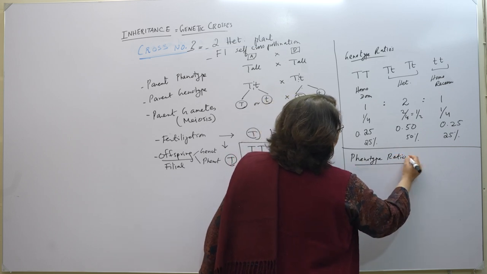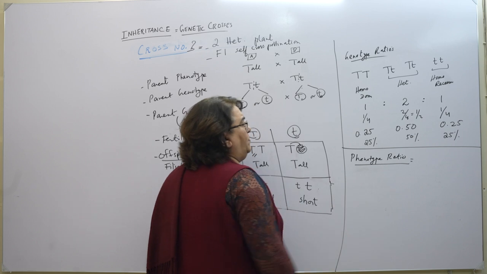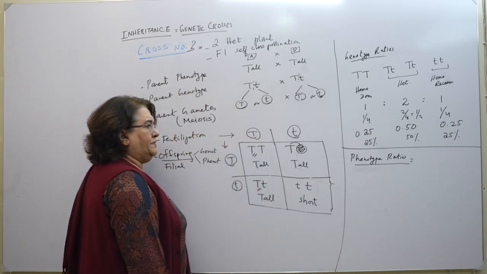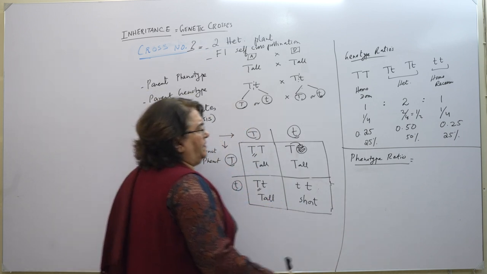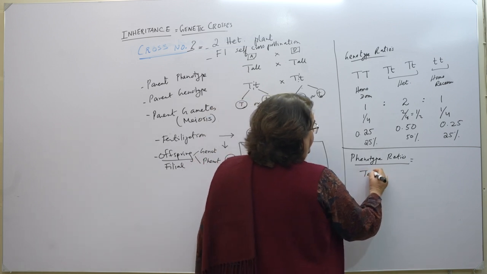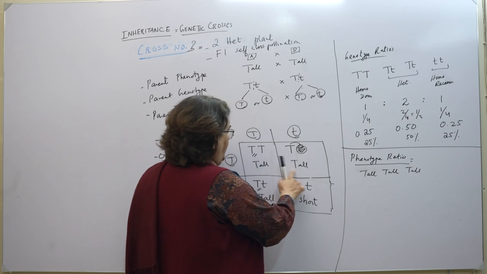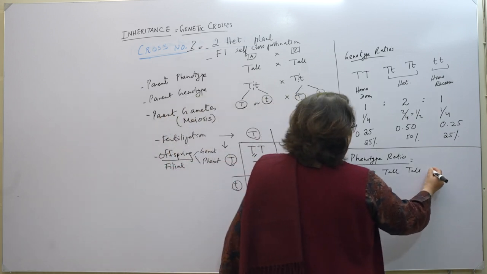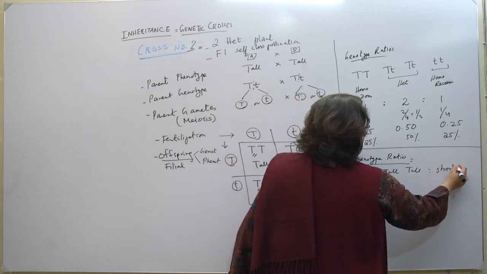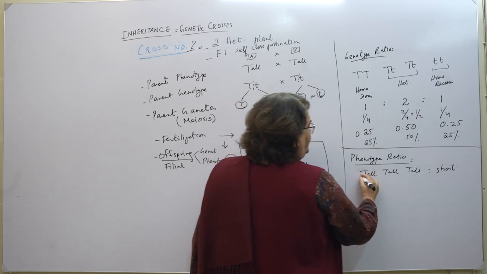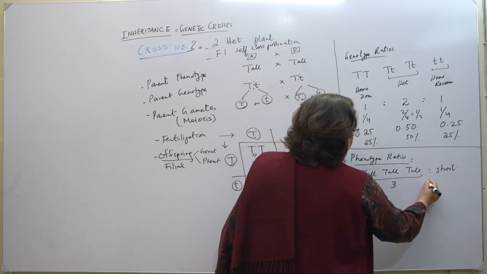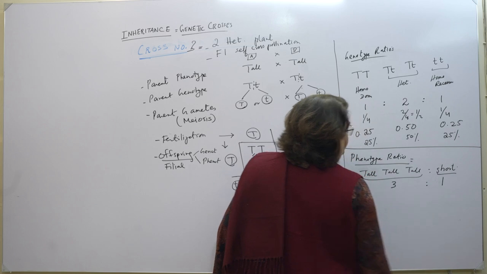Alright, now the phenotype ratios would be what? Now have a look at the 4 boxes and write down the phenotype or the physical type again. 3 times, tall, tall, tall, and then you have short. So what is the ratio now? This is 3 to 1 only.